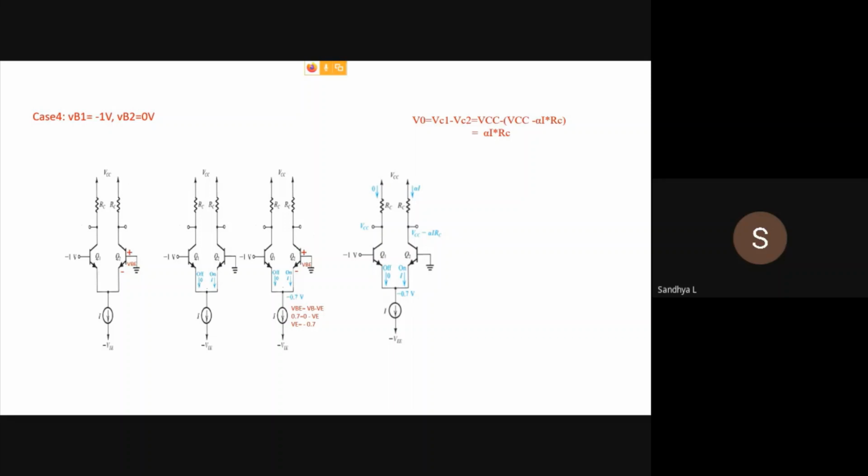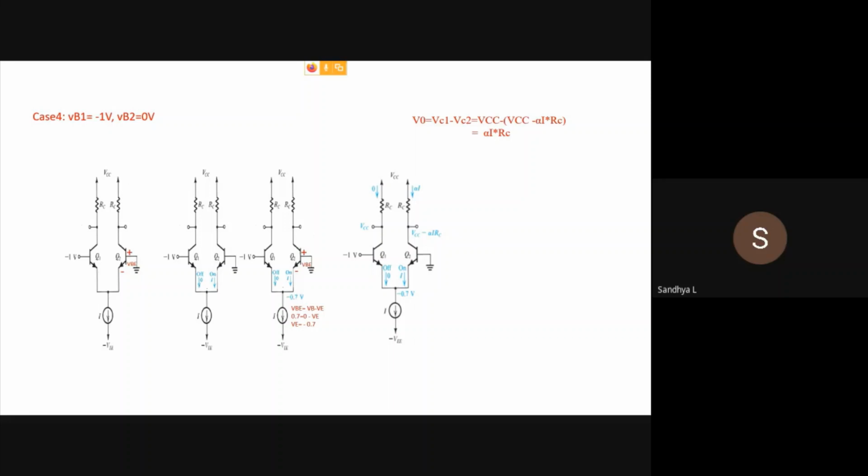In that case also, both the transistors will be on, but the currents will be different. So how will the currents be different? Whichever transistor has a higher base voltage, more current will flow through that transistor, and comparatively less current will flow through the other transistor.